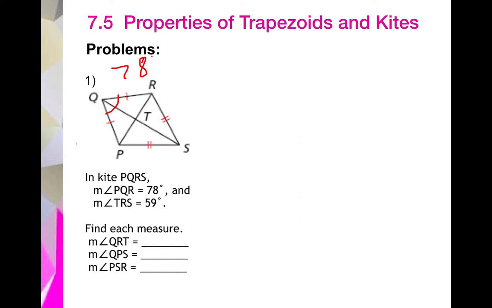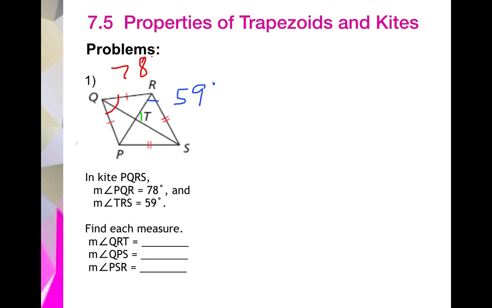And then we have TRS, which is just a small part of this angle here, is going to be 59 degrees. The thing that we know is that the angles in the center, like here, are all going to be 90 degrees. So we have 4 right angles.